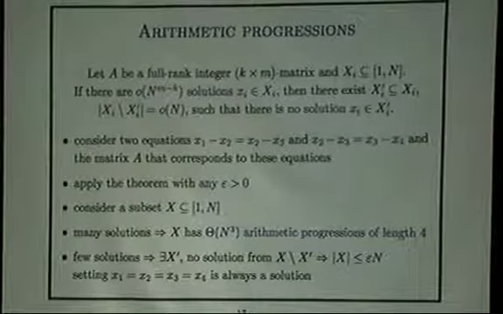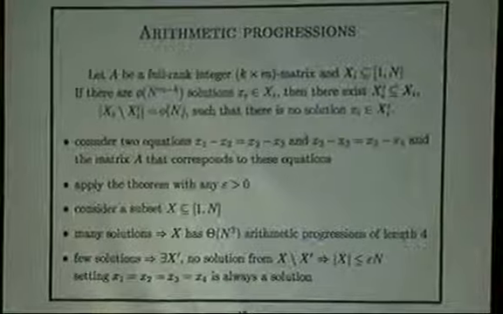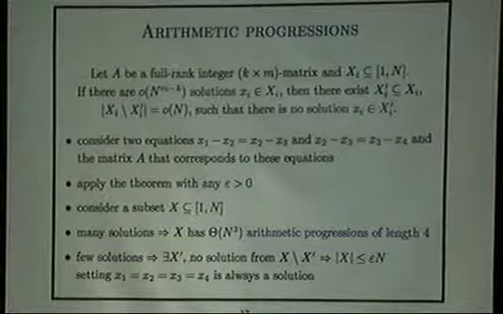Now I will fix a positive epsilon and consider a subset of integers between 1 and n. There are two possibilities. Either I have many solutions to the system. But what does this system say? It says that the difference between the first and second element is the same as the difference between the second and third, and that is the same as the difference between the third and the fourth. In other words, x1, x2, x3, and x4 is an arithmetic progression.